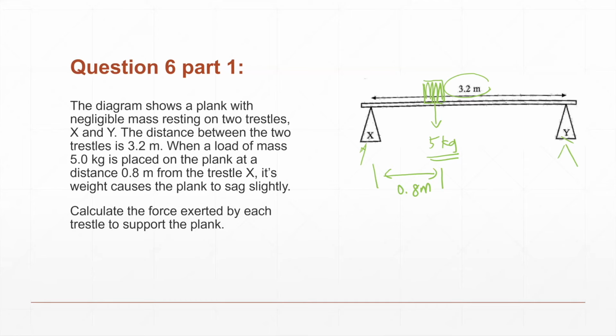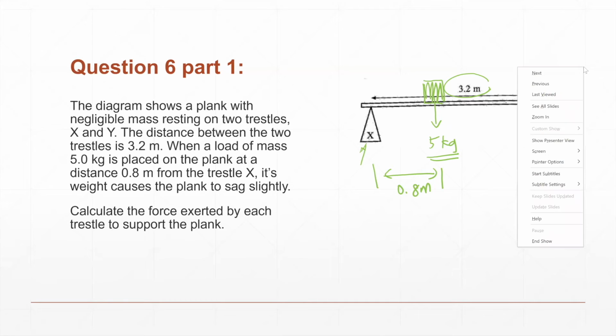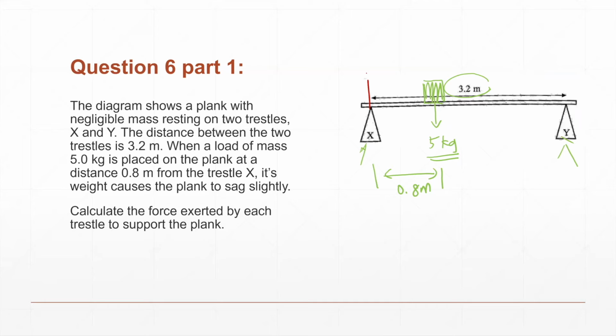Because you have the two trestles there, each of them exerts a force at the end. So here exerts a force Fx upwards, and then the other one Fy. So you're supposed to find Fx and Fy. So part 1 we will find Fx, then part 2 we will find Fy.